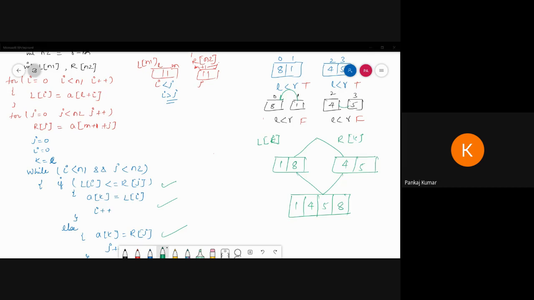Is it clear? At least you can respond to me, how much you can understand, a little bit, at least clear about how merge sort works. Is the idea clear or not? I am not talking about the coding. My point is whether you can understand how merge sort works or not. Did you understand this or not?